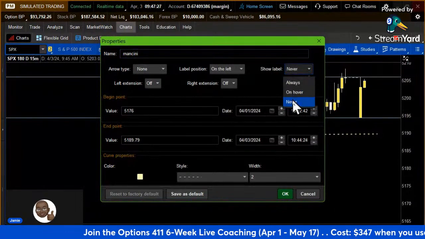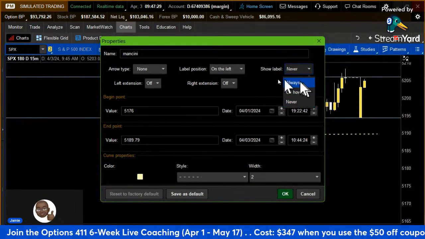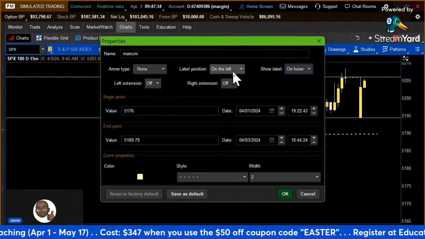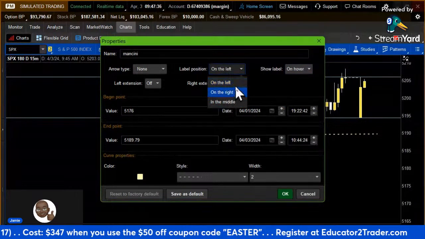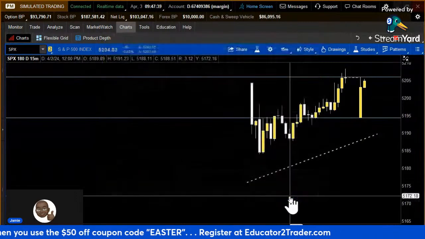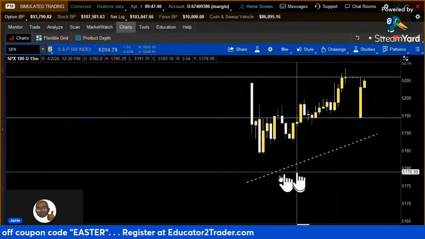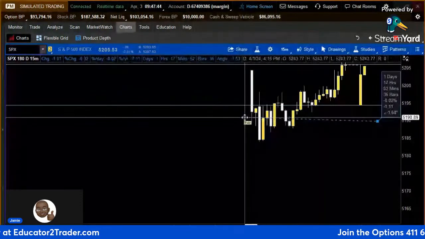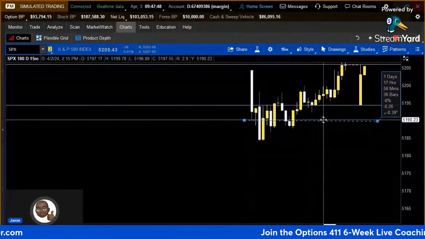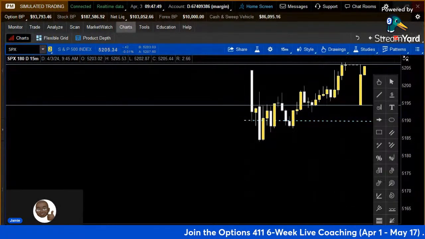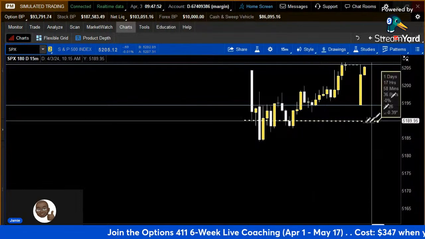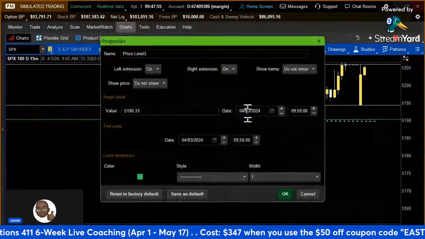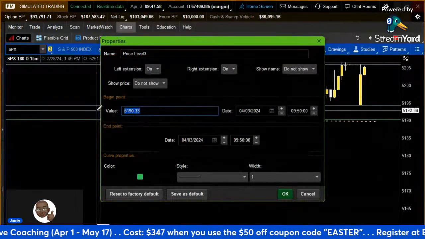Let's show label on, I guess on hover. Put this on the right side. I don't know why this line keeps dropping like this. No matter what I do, this thing keeps doing the same thing. All right. Disobedient. Do it this way. See what happens.